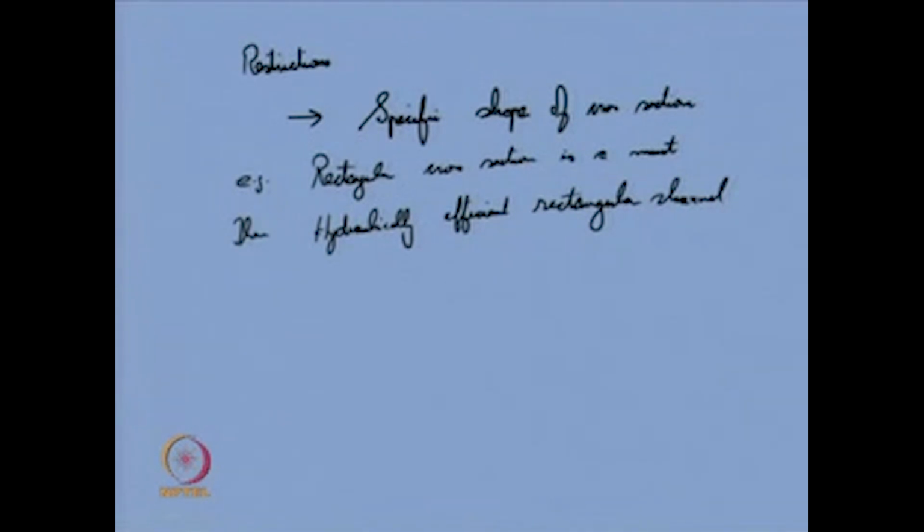How will you determine that? You know the wetted perimeter P for a rectangular channel is b 0.